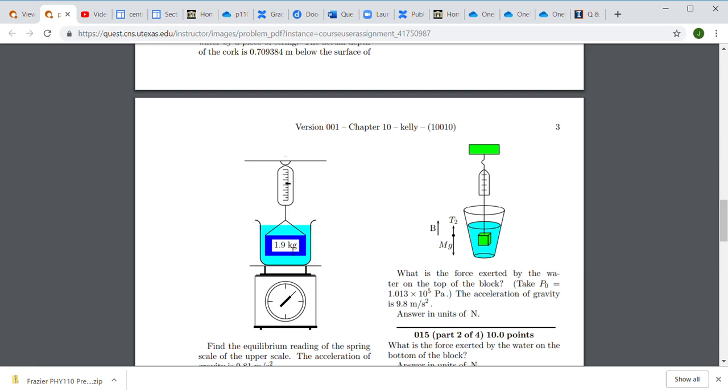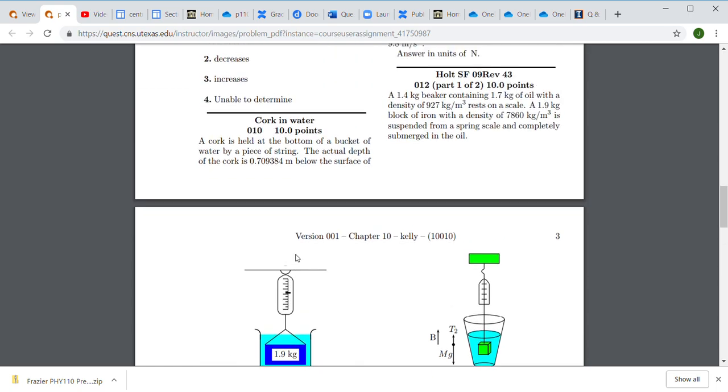The buoyant force is going to be the weight of the fluid displaced. This is oil, so it's not water here. So the weight of the fluid displaced is going to be the volume of the chunk of iron. We're given the mass and we're given the density, and we know density times volume is equal to mass, so we can use that to solve for the volume of the chunk of iron, right?